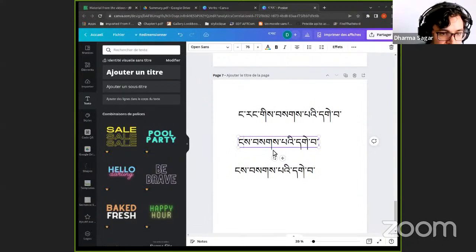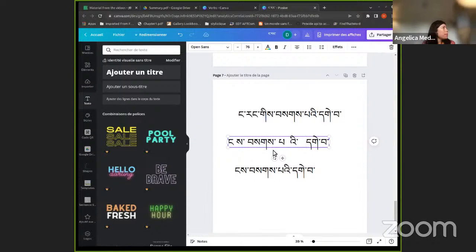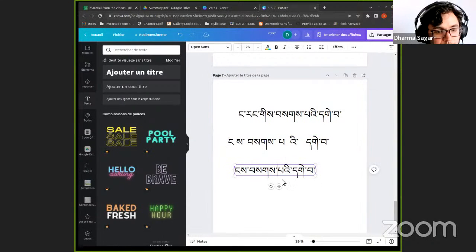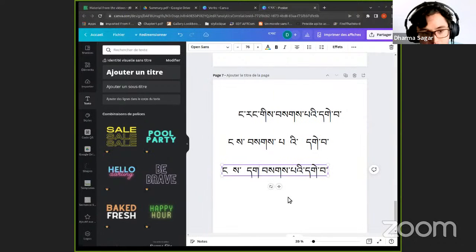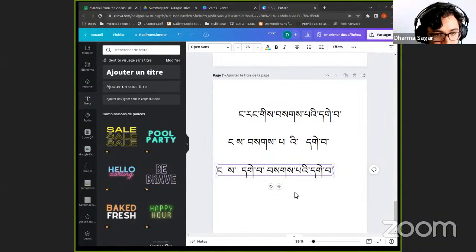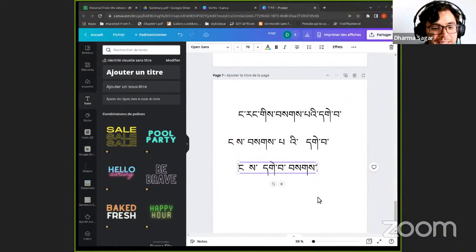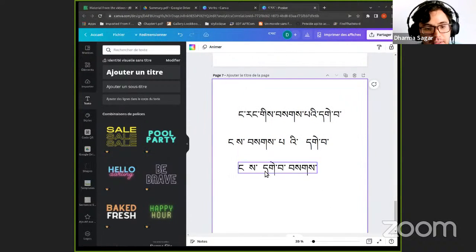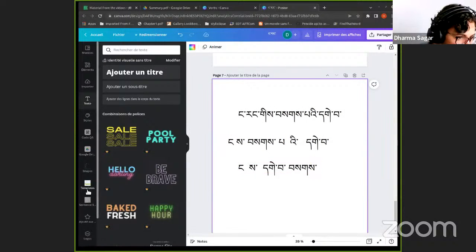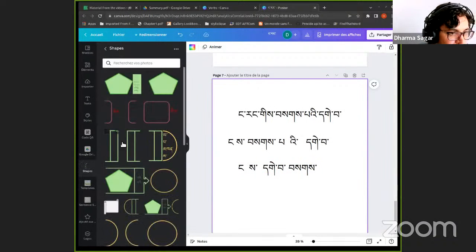So just to make it simple now, I'm just going to separate it in this way. Nge, and then here, gewa, sa. So the sentence would be nge, gewa, sa. The agent, let's put the shapes here.